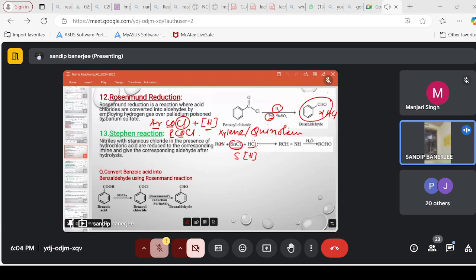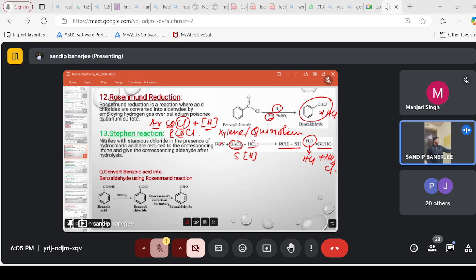In the first stage, this imine is formed, that is your 2 degree amine, and in the next hydrolysis, RCHO and ammonia are formed. If you are using HCl as your hydrolyzing agent, then instead of ammonia gas, you will get the salt ammonium chloride. This is the simple process.